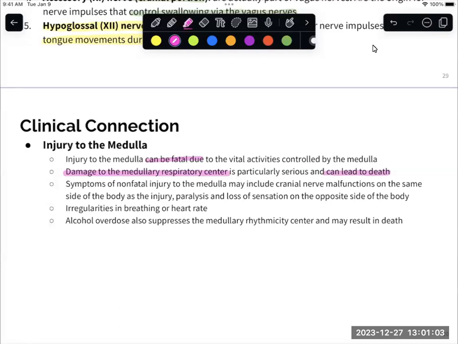With a non-fatal injury to the medulla, we can have cranial nerve malfunctions on the same side of the body as that injury, paralysis and loss of sensation on the opposite side of the body, and irregularities in heart rate and rhythm, and breathing. An alcohol overdose is going to suppress that rhythmic center, so that breathing and heart rate, which can cause death from an alcohol overdose.